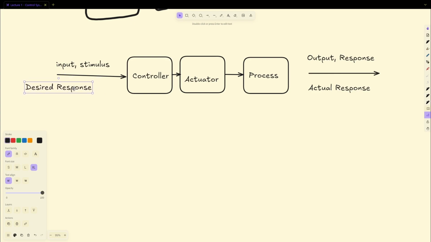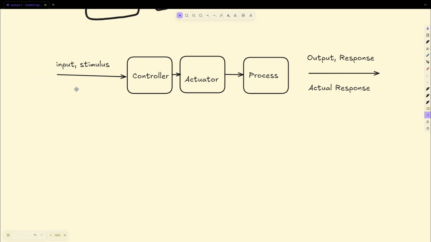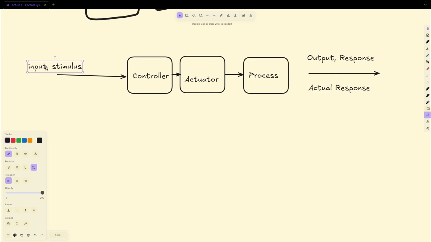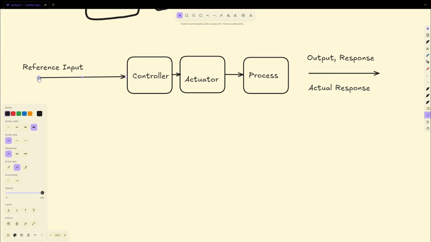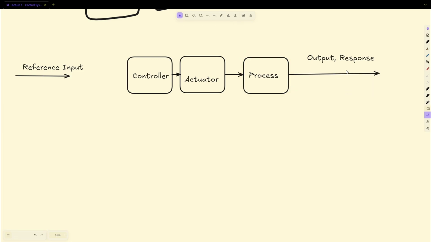Another way of calling this desired response is the reference input, or the reference point. So we're going to have this reference input, it's always here, and we keep this going, and this is just the output.